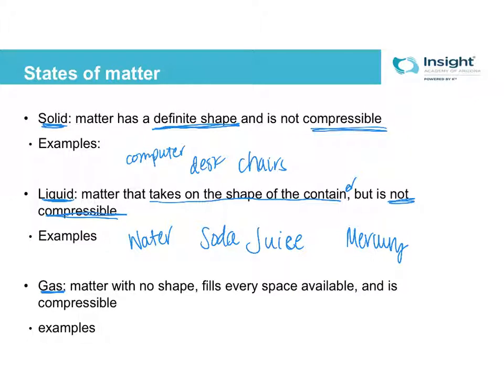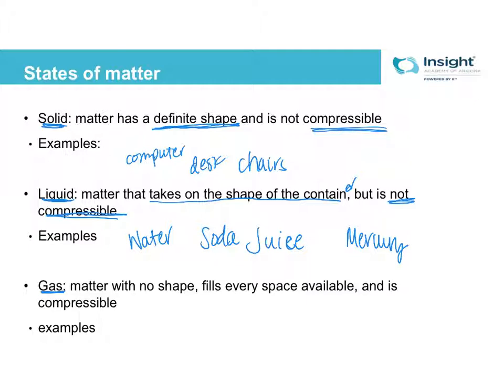All right. Gases, on the other hand, they have no shape at all. They will fill up whatever space they are in, and they will not stay confined to a container. So like gas in the room that you're in is filling up all different corners of the room. And if you had a balloon and you pop it, the gas leaves the balloon and spreads out through the room.